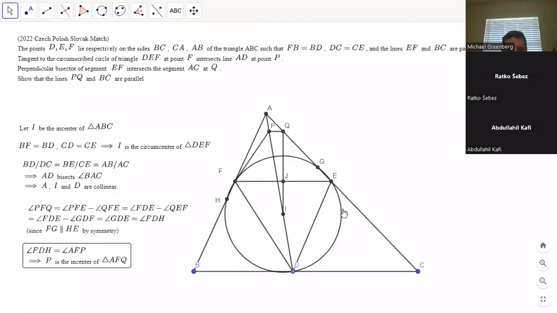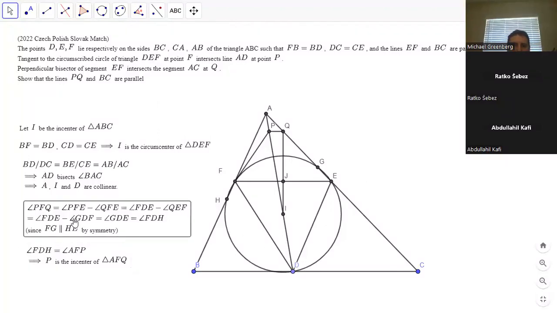And once we know that, that means PQ bisects AQF. So from there, it's not hard to show that PQ is parallel to BC, because we know QI is perpendicular to EF.